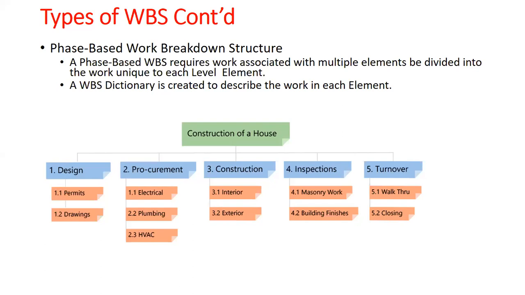Then you have 1.2 drawings, 1.2.1, assemble your team for drawing, 1.2.2, assign work to each of the team members, 1.2.3, you keep breaking it down. That kind of WBS is now referred to as WBS by work package, or work package based WBS.